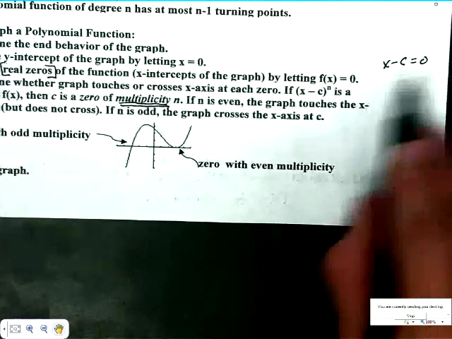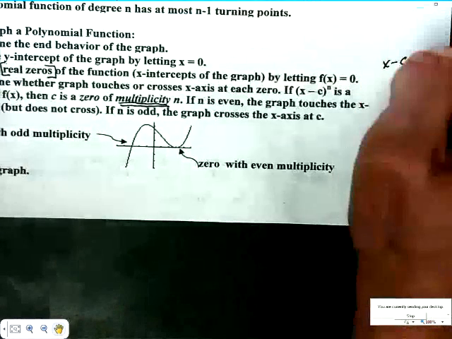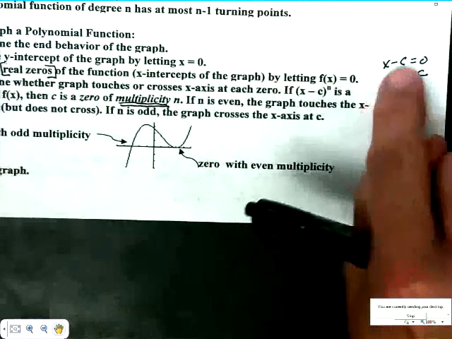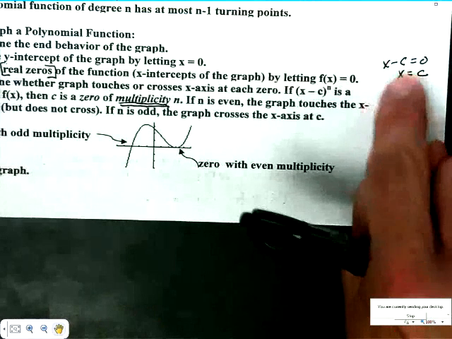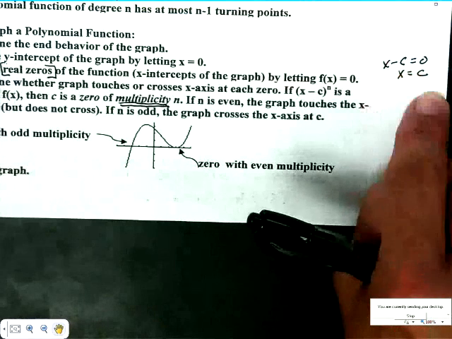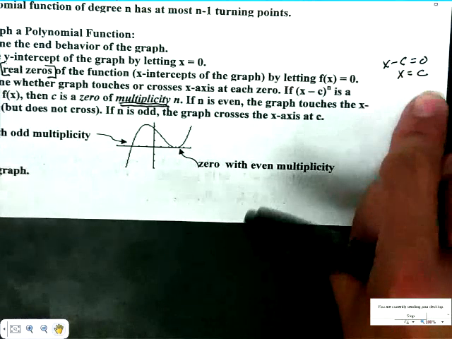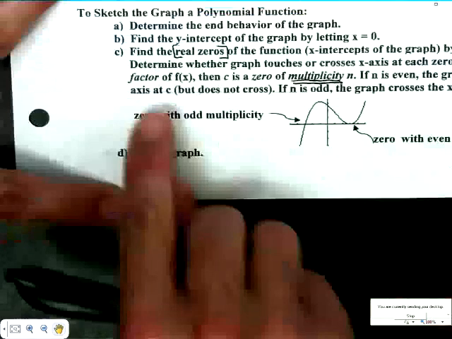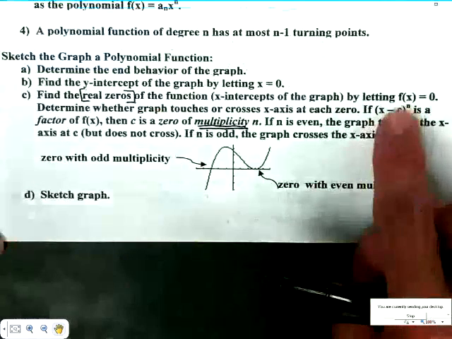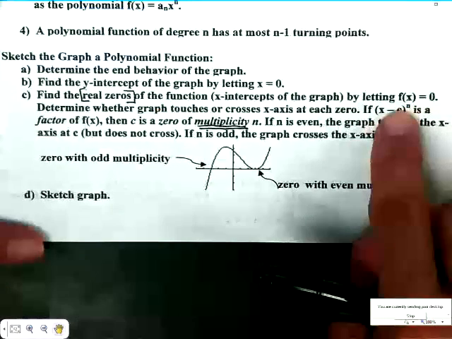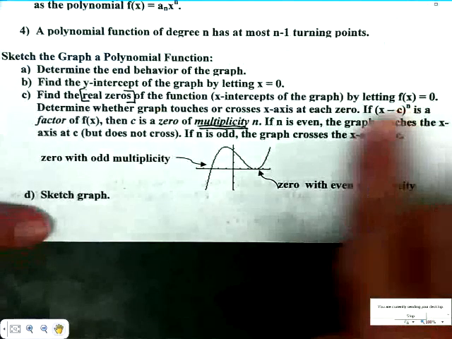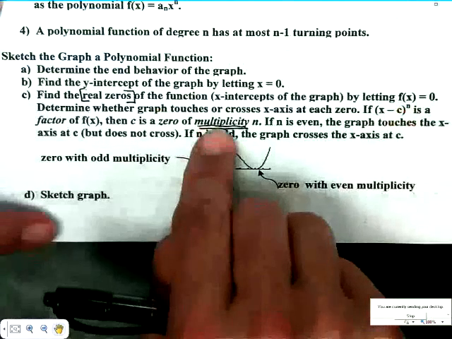You just add c to both sides and x equals c. So if x minus c is a factor of the function, then c is a 0 of the function. This is saying if x minus c is raised to a power, that power is called the multiplicity of that 0. Multiplicity always refers to the exponent.